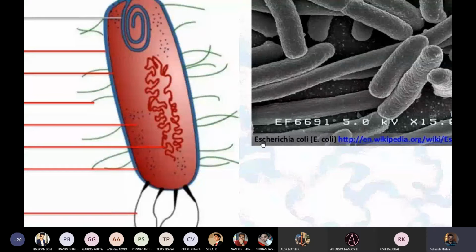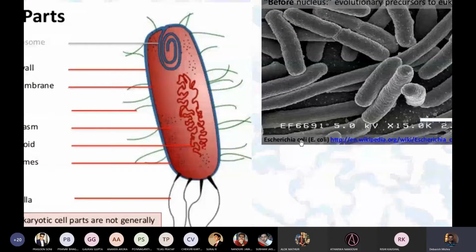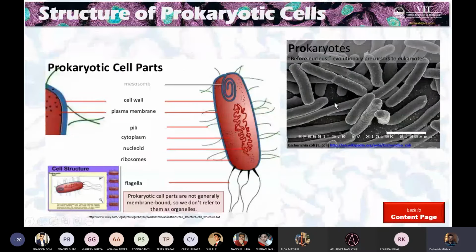You can use the full name, genus name Escherichia, species name coli. Why coli? Because it is found in the colon, in our intestine. As I said, these bacteria normally do not infect, non-virulent in nature. In our body, they are still present.